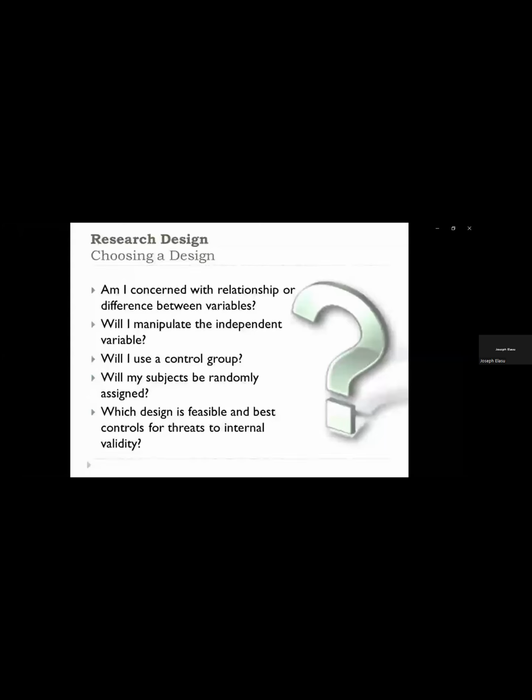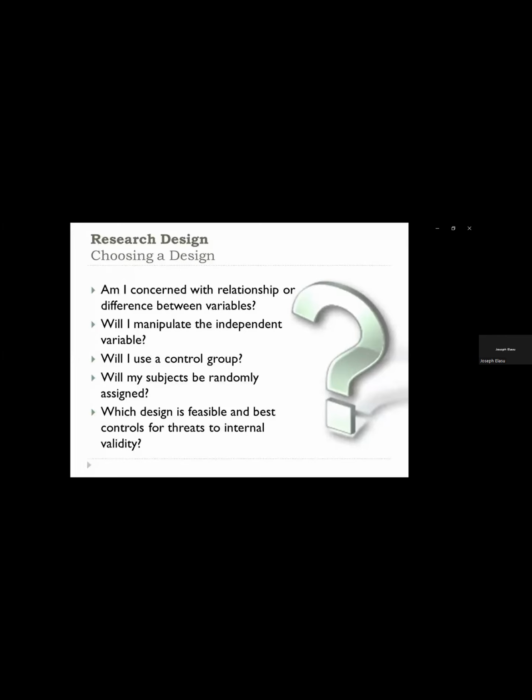If you are randomly assigning them, then you have probably some type of true experimental design. If you're not randomly assigning them, then you're going to have a pre-test and you have some type of quasi-experimental design. So I want you to walk through each of your questions or each of your ideas, and I want you to identify what design you are choosing.